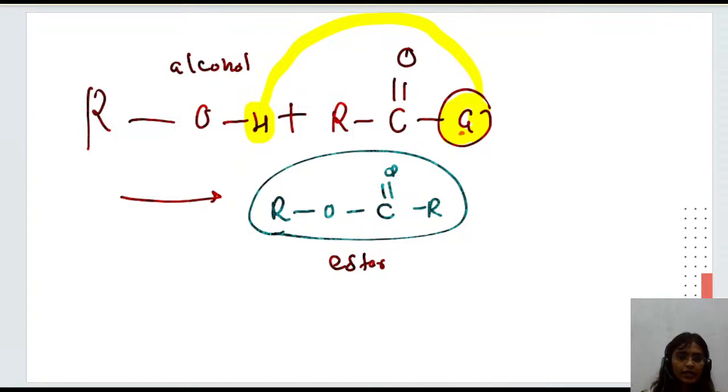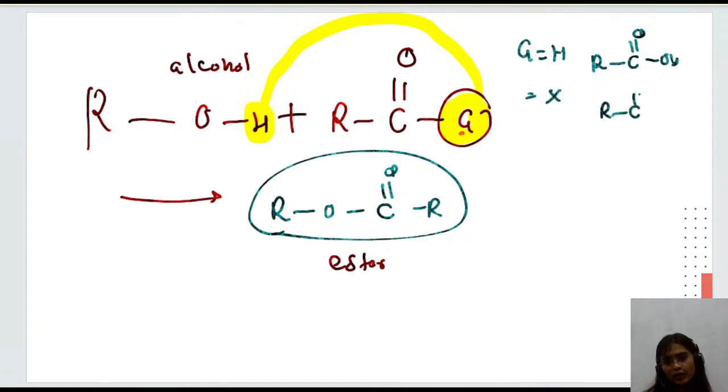This G can be anything. For example, if G is OH, it becomes a carboxylic acid, right? If G is chlorine or any halogen X, it becomes an acyl chloride. Or if G is OCOR, it's an anhydride.